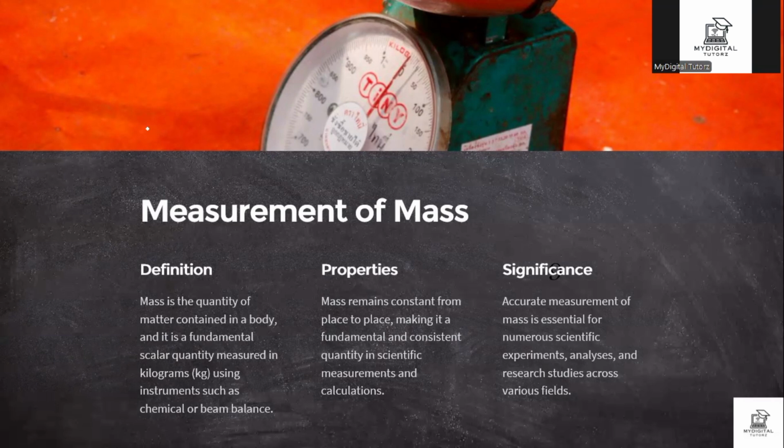So mass is measured in kilograms or grams. The SI unit of mass is kilogram, with the instrument known as chemical balance or beam balance. So the instrument for measuring mass is chemical balance or beam balance. In terms of properties, mass is constant from place to place, unlike weight, which we are going to discuss, that varies from place to place.